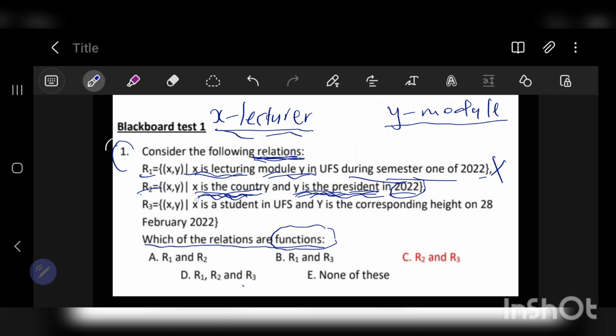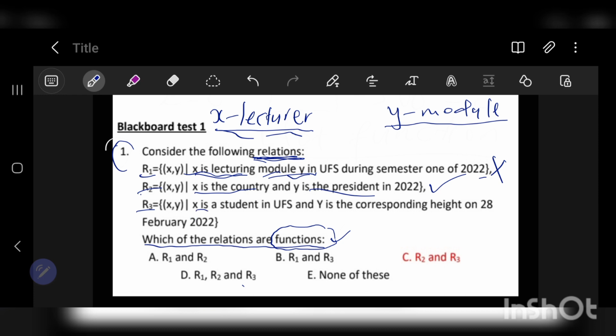No, meaning one country, one president, which is what the function says. Remember, the definition of the function is that one input is only related to exactly one output. So this qualifies it as a function.